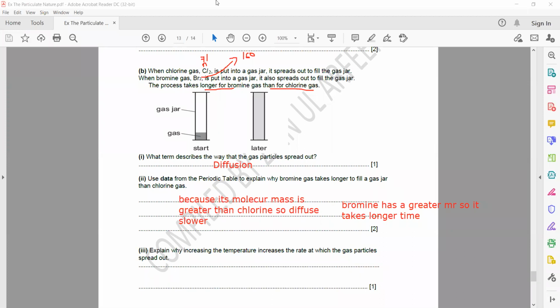Then the third part: why does increasing the temperature increase the rate at which the gas particles spread out? When we increase the temperature, why does diffusion occur at a faster rate?